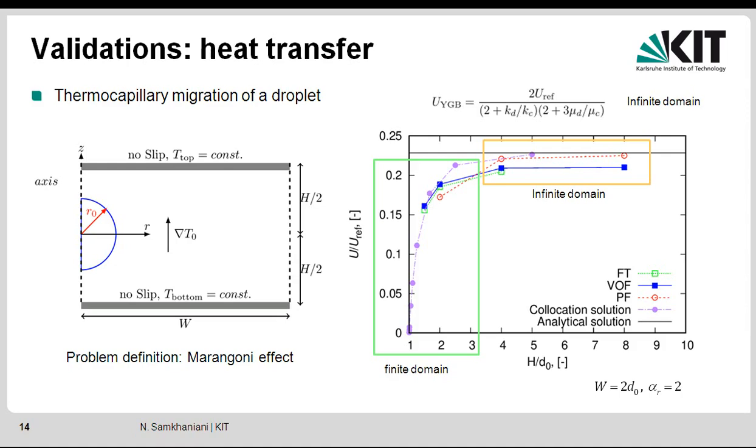Our comparison with the analytical solutions and previous sharp interface method numerical simulations shows that the performance of our solver is better than previous numerical simulations, and we can reach the analytical solution. So it shows that our solver can handle heat transfer accurately.